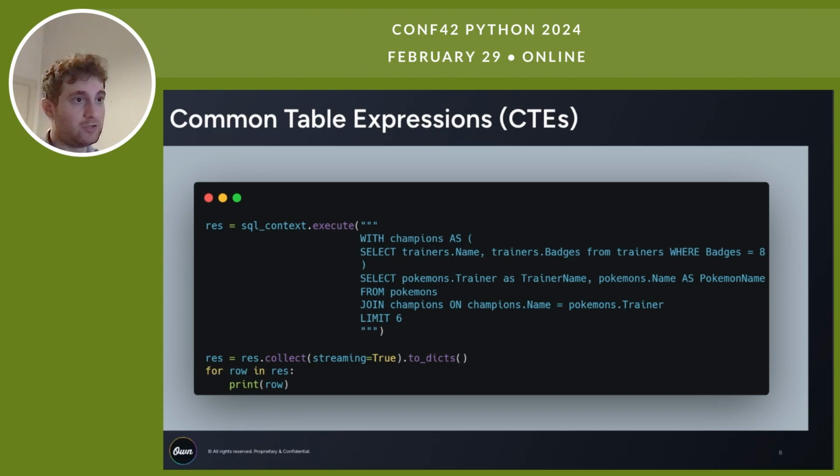So after we have our champions, we're going to select our trainer from our Pokemon dataset. Here we're using an alias called trainer name, and we are also going to select all the Pokemons of this specific trainer. So that's why we're using join here.